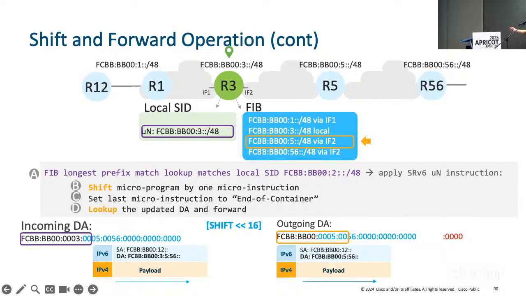I'm going to shift 16 bits. If I shift on the left side 16 bits, the next router, router 5, becomes the active next hop, right? And then I look up. Since I shifted, my lookup will be for router 5.